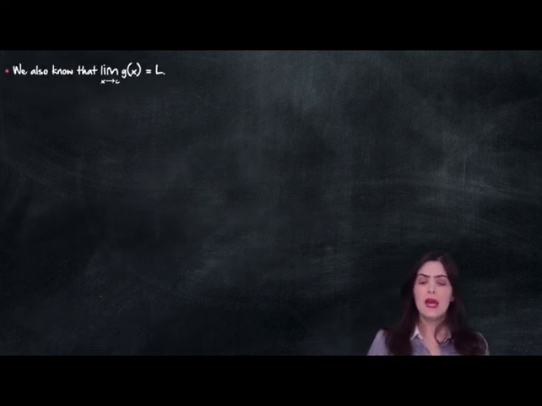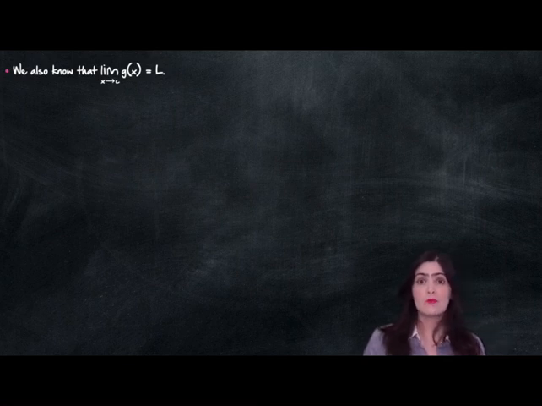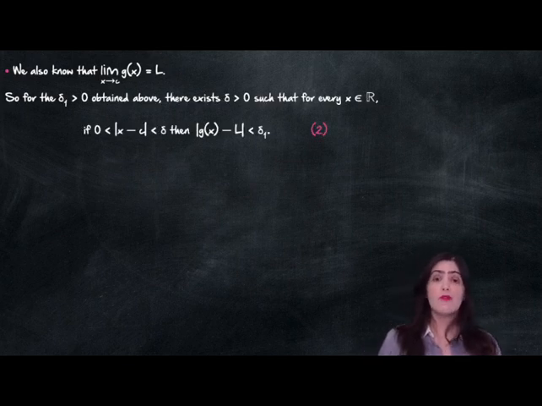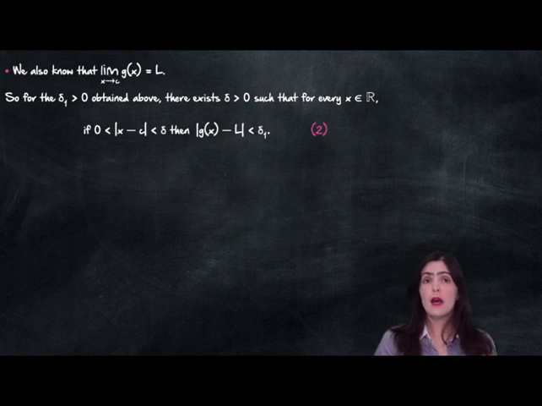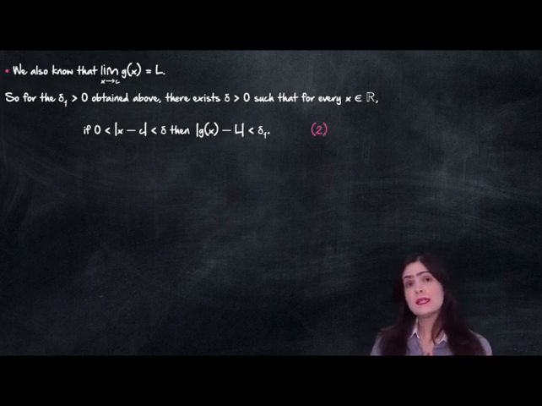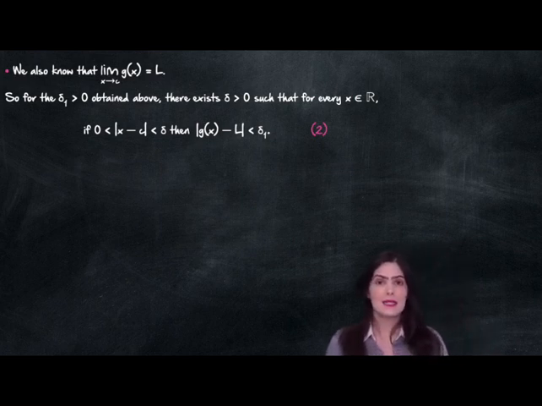But now we also know that the limit as x approaches c of g of x is equal to L. So how can we write that down? For that delta 1 that we obtained previously using the fact that f was continuous at L, we're going to find a delta such that if the distance between x and c is less than delta, but x is not equal to c, then the distance between g of x and L is less than delta 1.